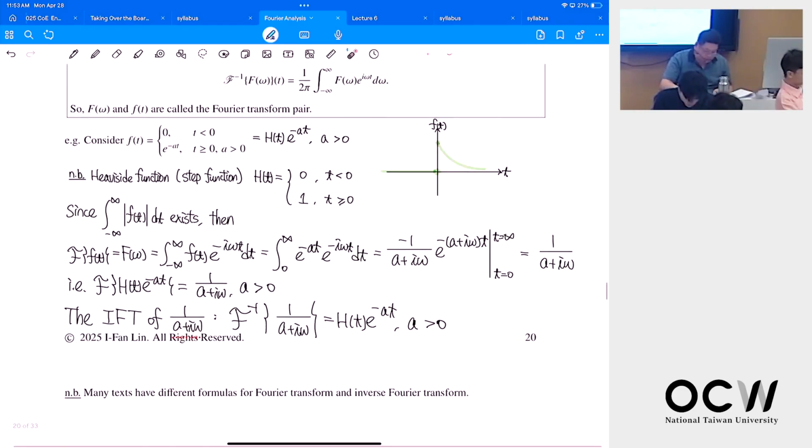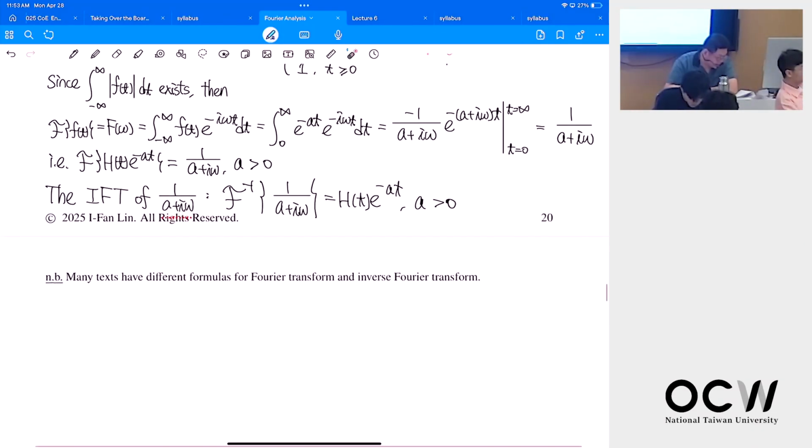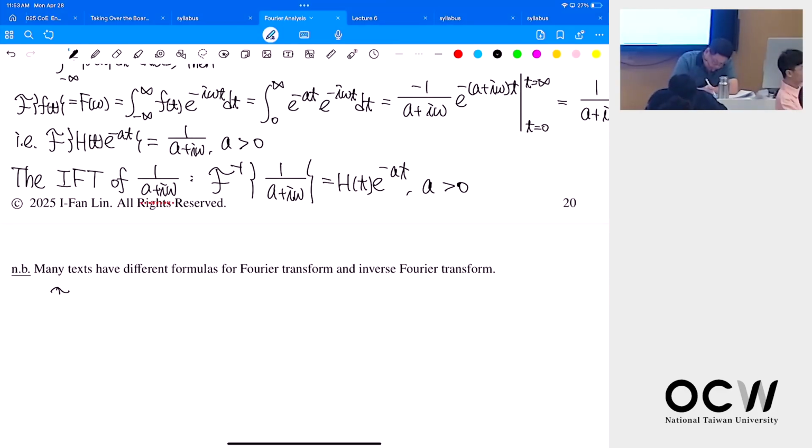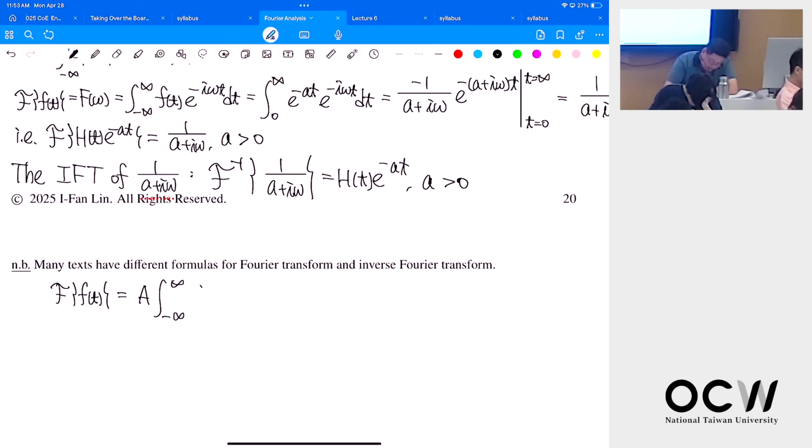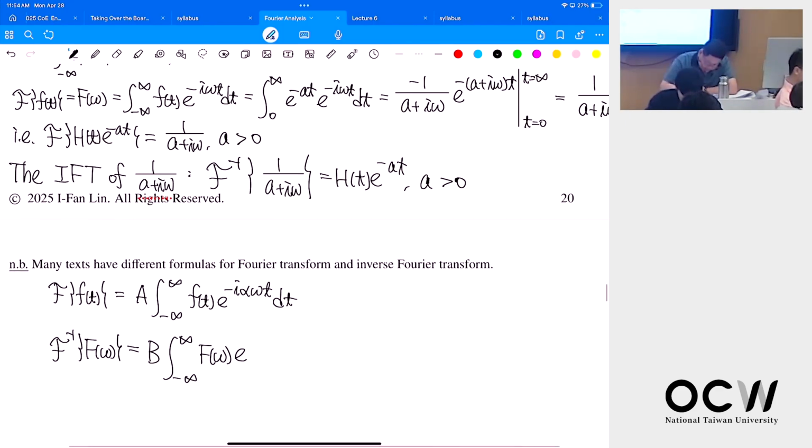So here you may see the general form of the Fourier transform, we have the coefficient a and the integration of f times e to the minus i alpha omega t dt, and the inverse Fourier transform will be b and the integration of F times e to the i alpha omega t d omega.